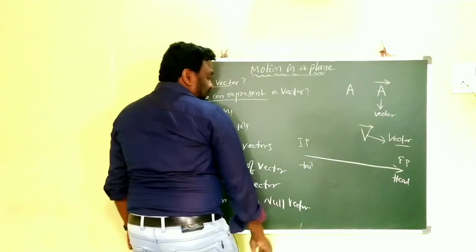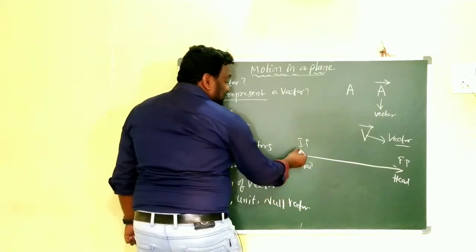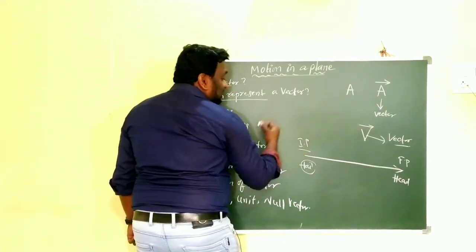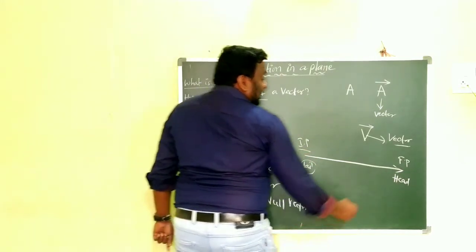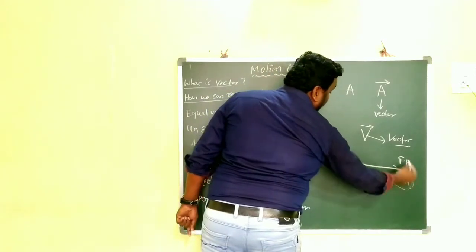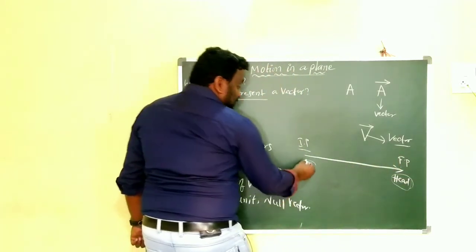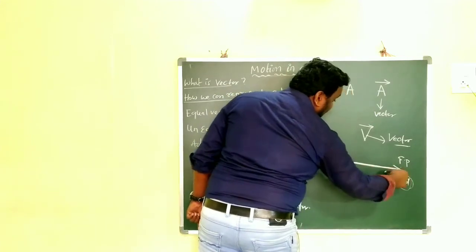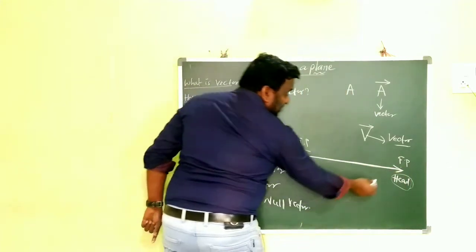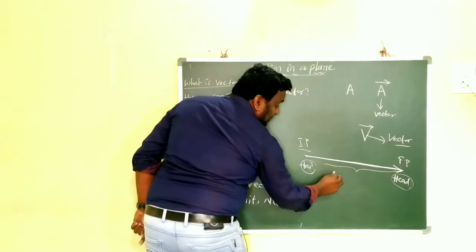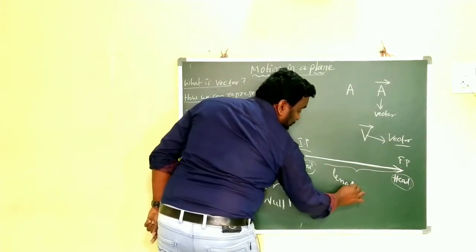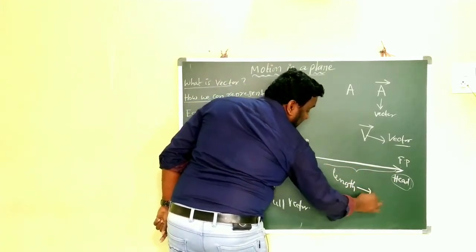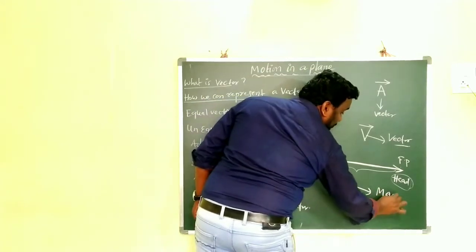Anything you can follow, either initial point or tail, and final point or head point. Generally a vector should be shown like an arrow. The length of the arrow is nothing but the magnitude.